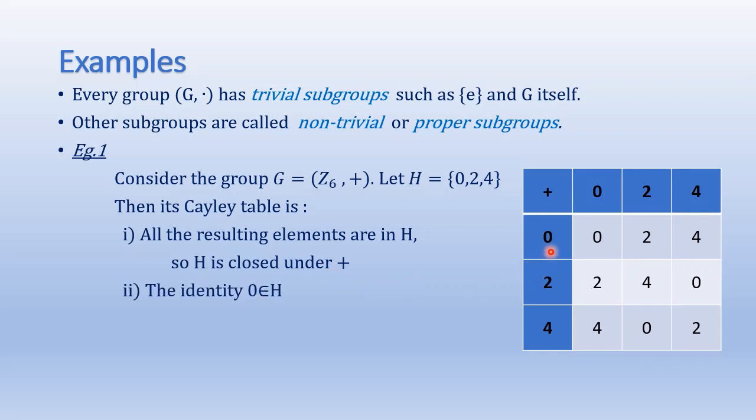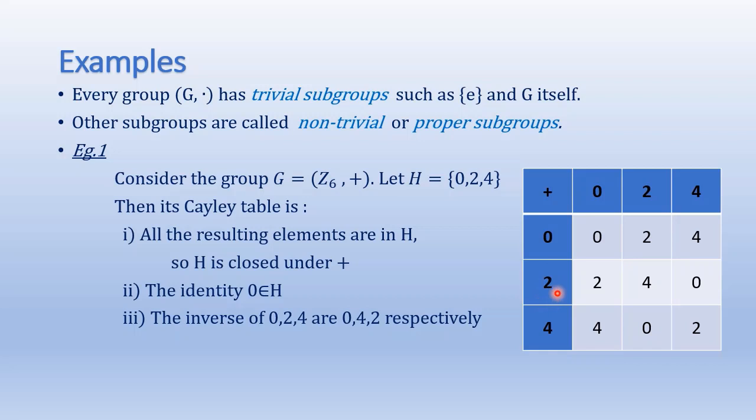Similarly, the identity element for addition is 0. 0 belongs to this set. So the identity 0 exists in H. Similarly, you can find the inverse of each element. The inverse of 0 is obviously 0, that belongs to this set.